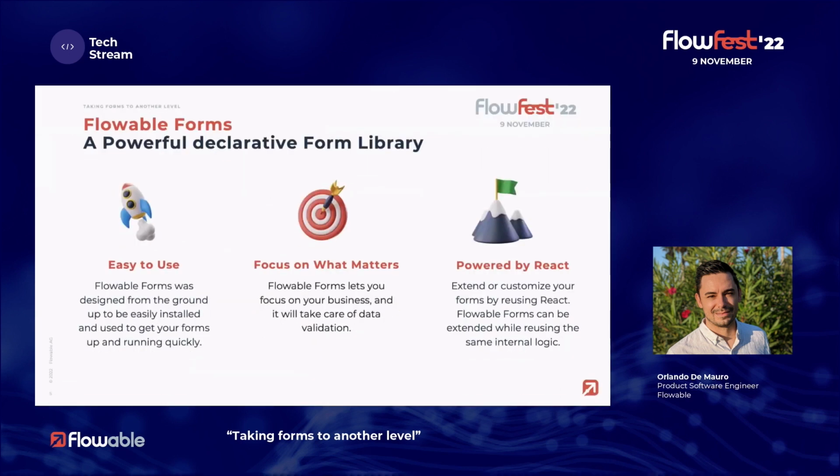So what is Flowable Forms? Flowable Forms is a powerful declarative form library. Three of the main characteristics of our library is that it is easy to use. It was designed from the ground up, we can easily install it and use it.